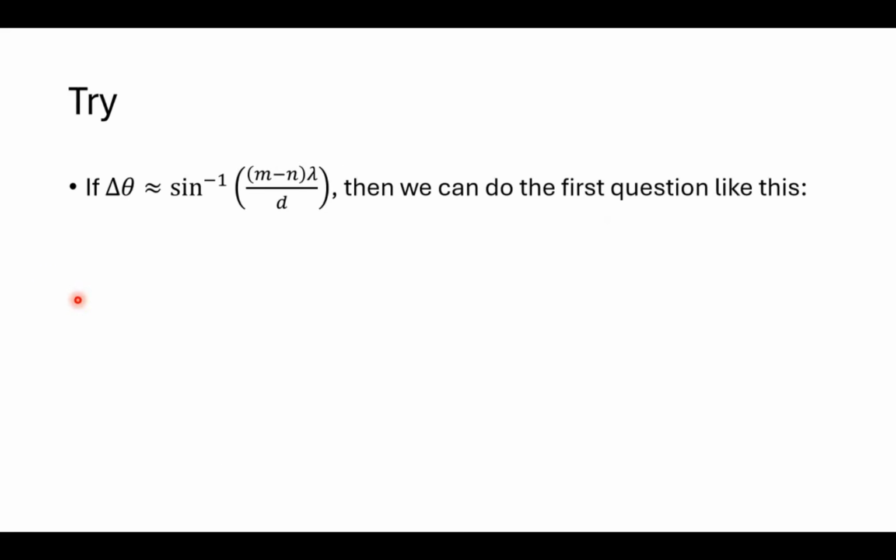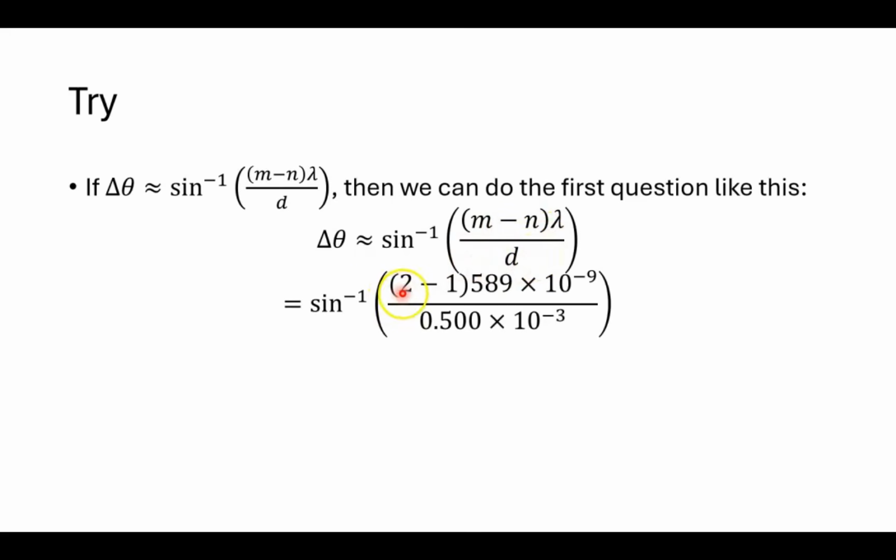And we can actually test it out. If this formula that we showed in the last slide is true, then we can do the first question a lot simpler, like this. We just substitute all the values in. Because it's the angle between the 2nd and the 1st order maximum, their difference is basically 1. So you actually don't need to do anything here. And this one is the wavelength, and this is the slit separation.